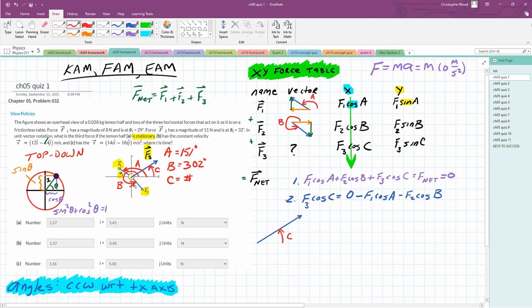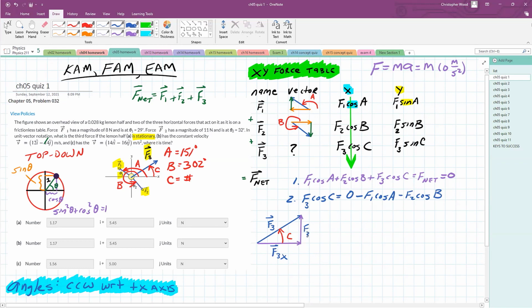And I have it in unit vector notation because here's the x component. This is the y component. And again, I better label things. This is my mystery vector. This is F3 vector. This is F3x. This is F3y. And that's it.